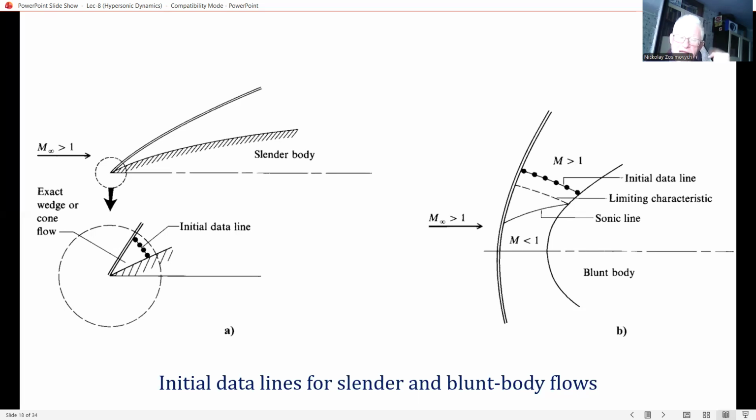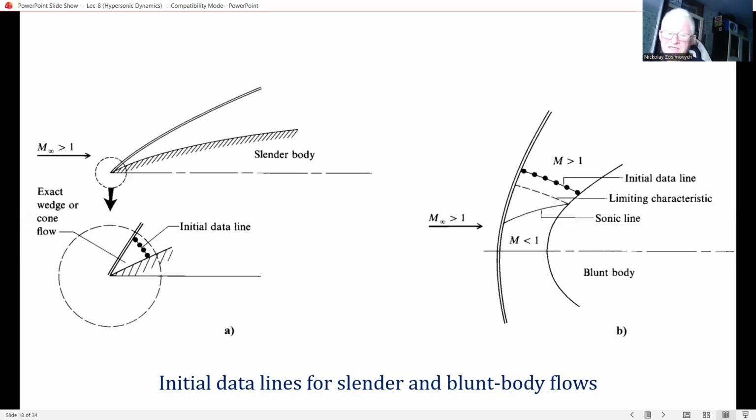First of all, if the body has a pointed nose with an attached shock wave, such as shown in figure A on the left side, then the flow in the immediate vicinity of the nose is totally supersonic, and it can be closely approximated by wedge flow in the two-dimensional case, or conical flow in the axisymmetric case.